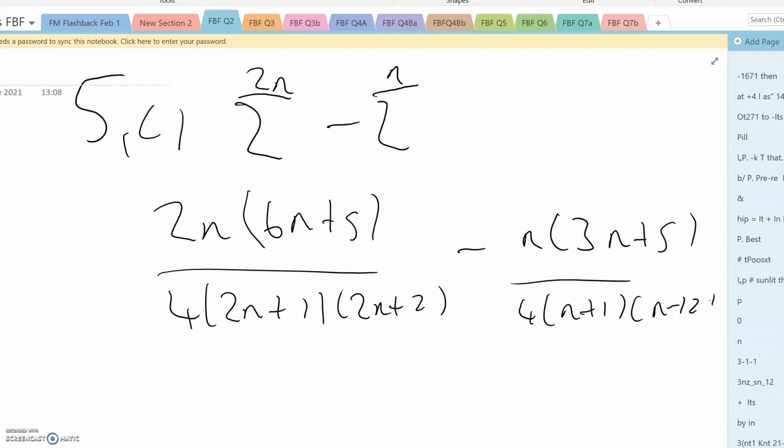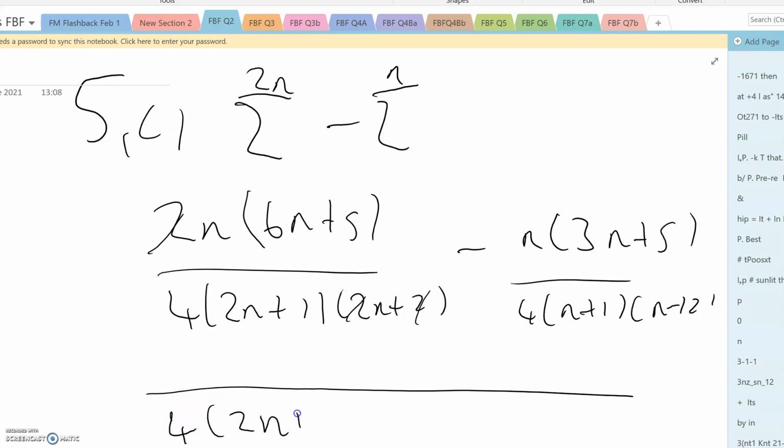Now a cancellation will help us on our way. Cancel that 2 with those 2's. And now we have a common denominator. We have a 4, we have a 2n plus 1, we have an n plus 1, and we have an n plus 2.